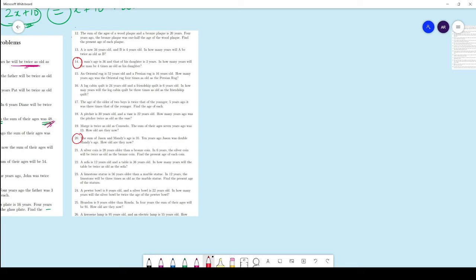We have again the first thing that we do. Now you would be very well aware of this. We make this column. A man's age is 36 and that of his daughter is 3 years. So what we have over here is the man and the daughter.